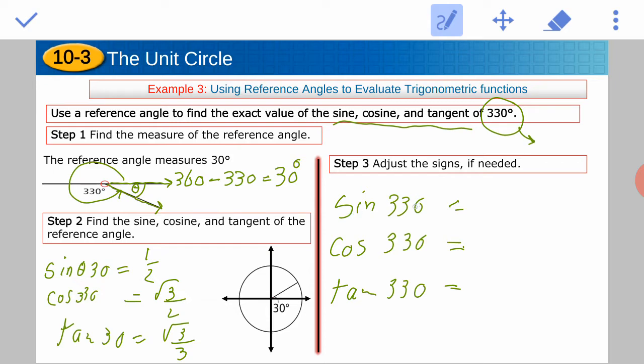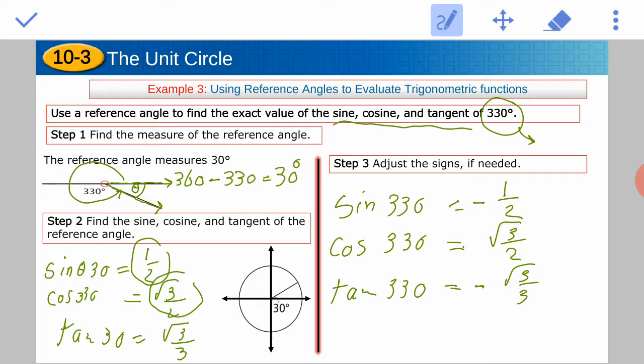So we're going to copy the sine 30 value, which is half, with a negative sign, so it's going to be negative half. Cosine is positive in quadrant 4, so we're going to take the exact value of cosine 30, which is square root of 3 over 2. And the tan ratio in quadrant 4 is negative, so it's going to be negative square root of 3 over 3.